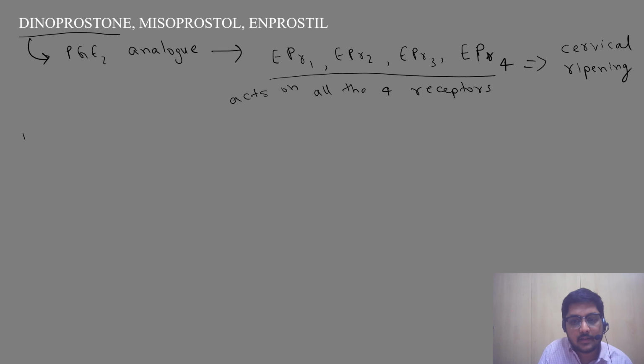The next drug is misoprostol. Misoprostol is a very popular drug. Usually we see it in medical termination of pregnancy. Usually it is not used in normal labor.